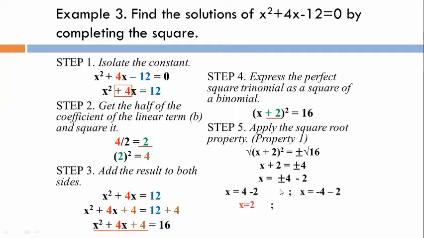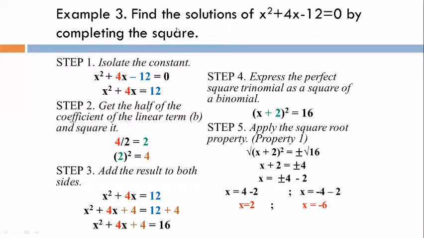Separate them and then we get x is equal to 4 minus 2 and x is equal to negative 4 minus 2. So we have two answers. 4 minus 2 is 2 and negative 4 minus 2 is negative 6. And these are the solutions to the equation x squared plus 4x minus 12 is equal to 0.